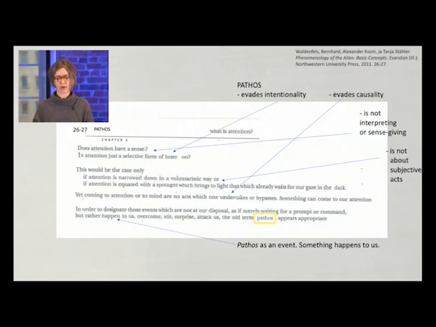And as he points out, the pathic event is neither interpreting nor sense-giving. The concept of pathos, rather, seems to offer a possibility to be approached by more spatial and heterogeneous attributes.